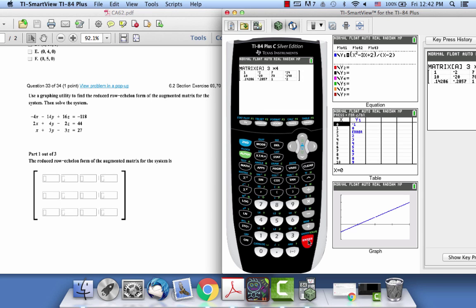So 3 by 4, negative 4, negative 14, 16, negative 118, 2, 4, -2, 44, 1, 3, -3, and 27.